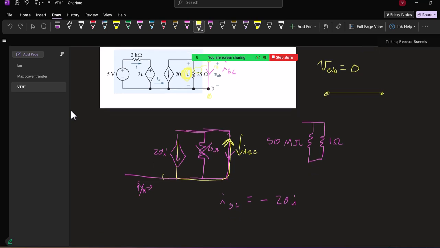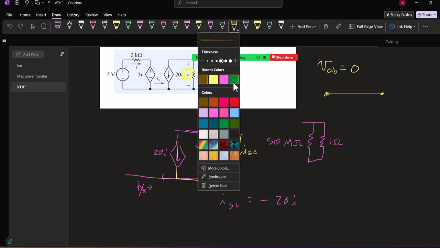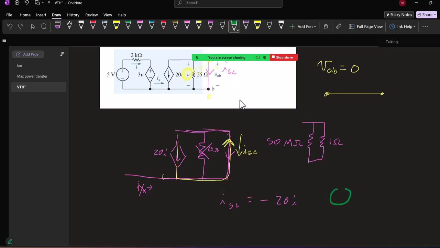So now if we look at our left-hand loop, this was 3V, but 3V is now 0.